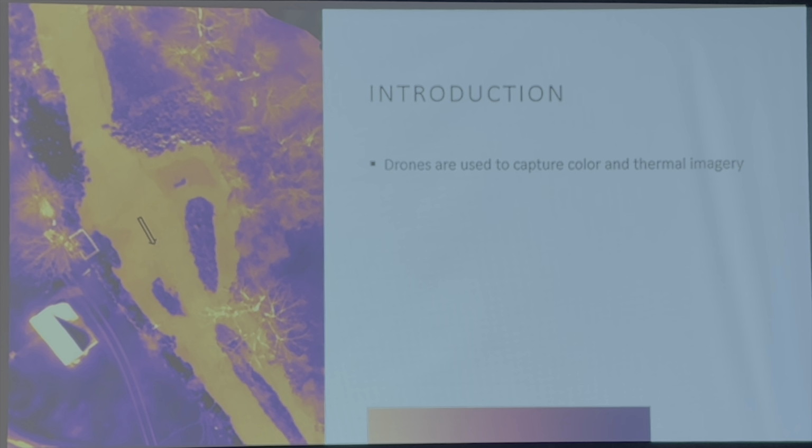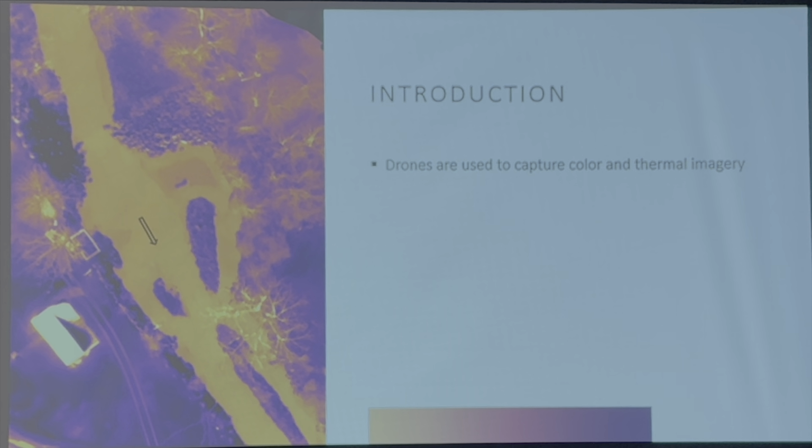So drones have multiple uses that we've been finding out we can utilize. We primarily have been using them to capture both color imagery and thermal imagery in the air. Here you can see this is the Pike Fairgrounds where the dam removal project was. That's the flow of the current going from up to down there.